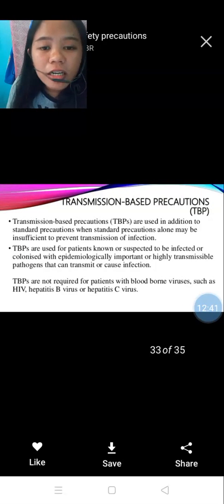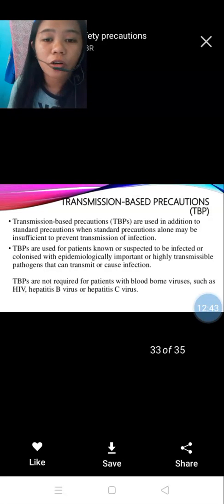We have here the transmission-based precautions, or TBP. They are used in addition to standard precautions when standard precautions alone may be insufficient to prevent transmission of infection.